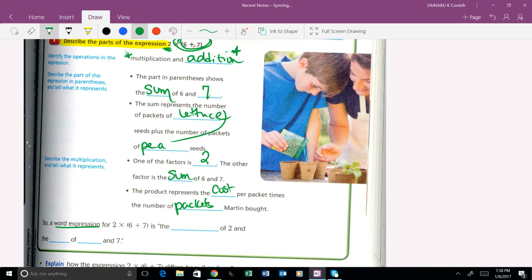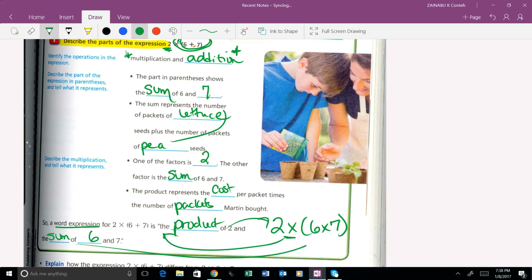So a word expression would say: 2 times the sum of 6 and 7 is the product of 2 and the sum of 6 and 7. Now we're basically taking this and writing it in words. Take a look: product for multiplication, of 2 and the sum of 6 and 7 is what we wrote.